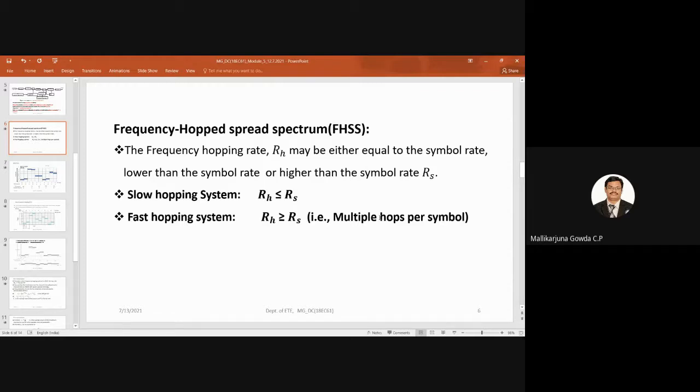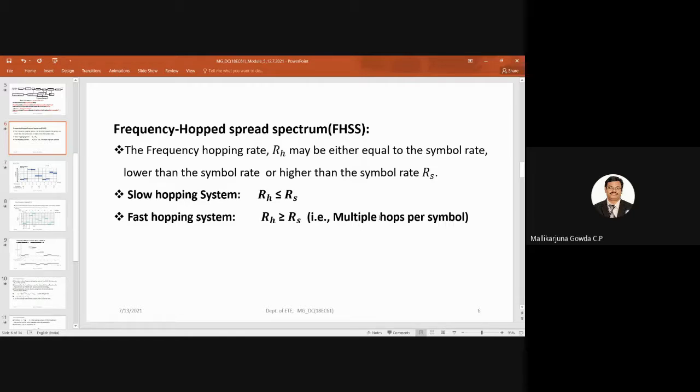But in case of fast hopping, the hopping rate will be greater than or equal to the symbol rate. Means if I want to transmit a particular symbol, hopping will happen more than once. So that is why it is said multiple hops per symbol, and that is why it is known as a fast hopping system. I hope you have got that point. So based on the hopping rate only, we classify the frequency hopped spread spectrum into two types.